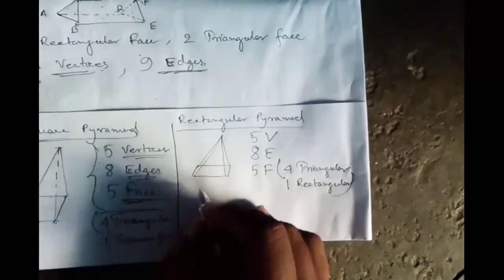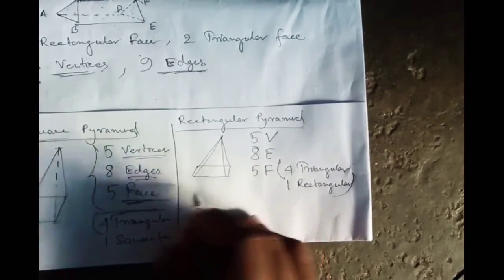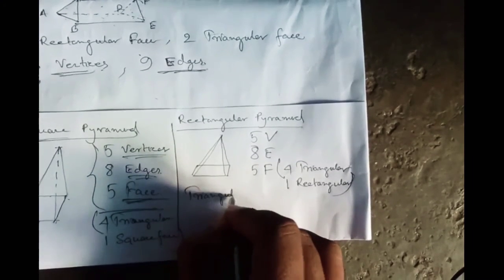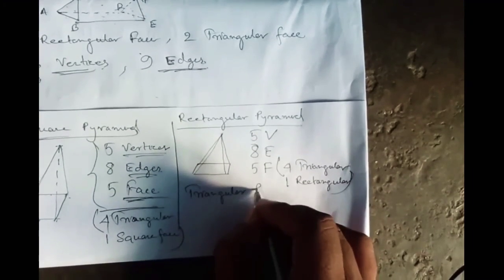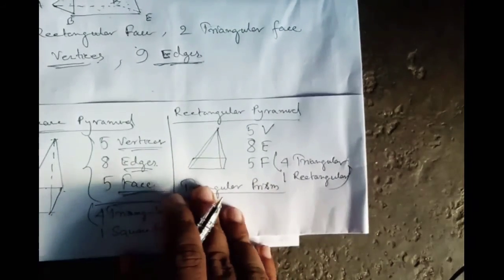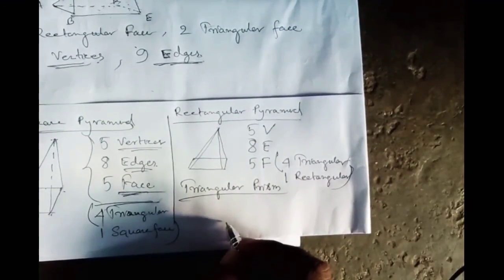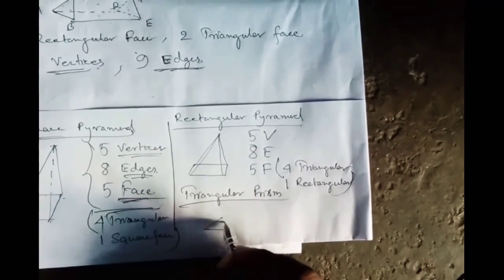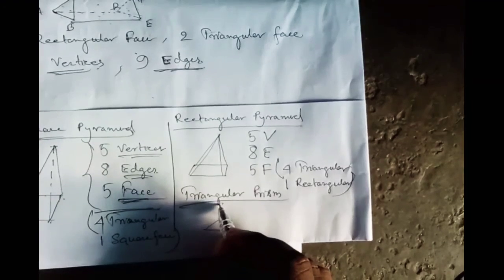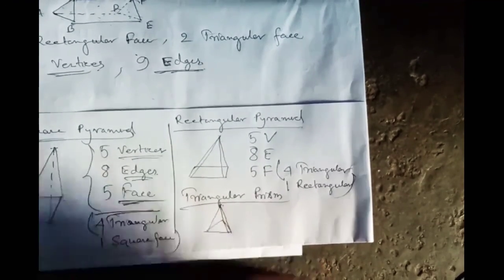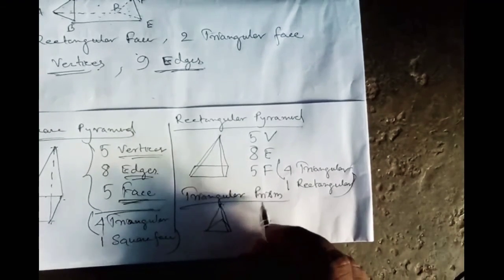Next, triangular prism. A prism whose base is a triangle is called the triangular prism, or it will look like this.